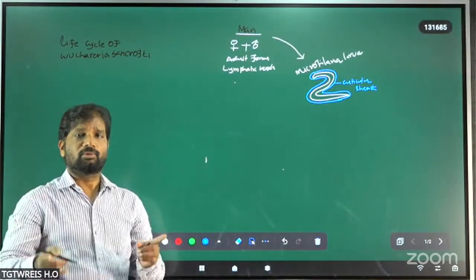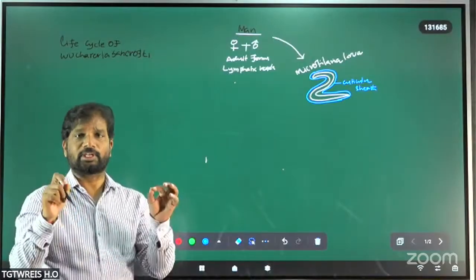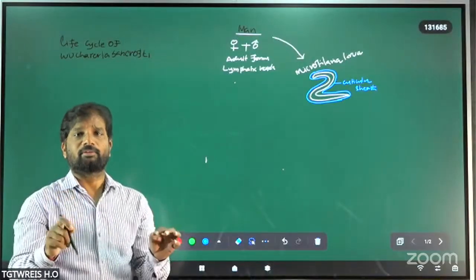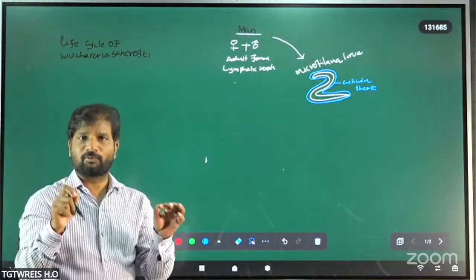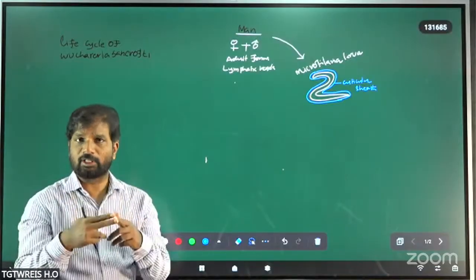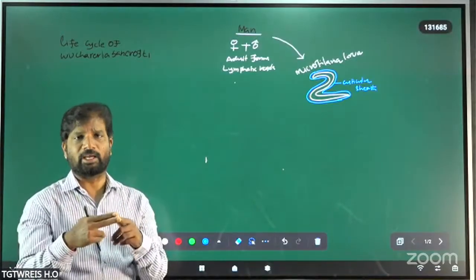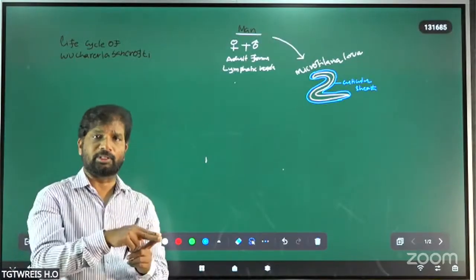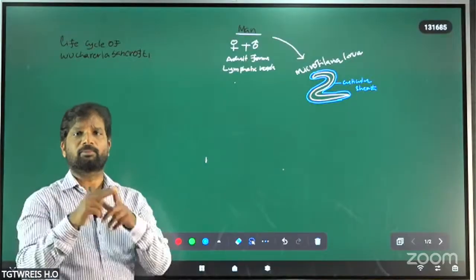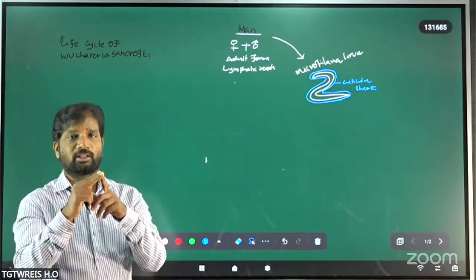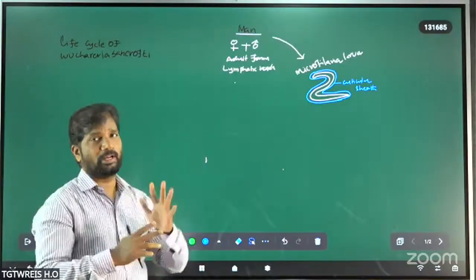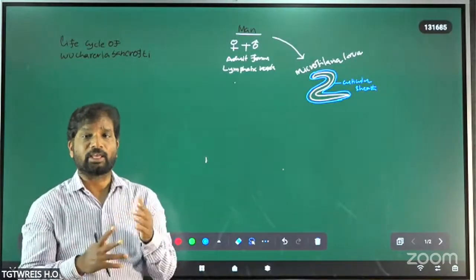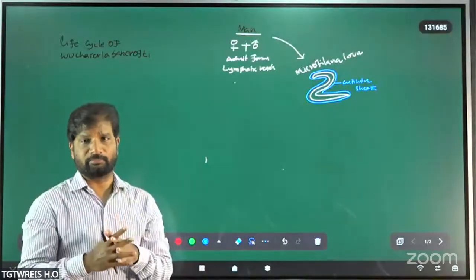Okay, so in the lymphatic vessels of the infected person, Wuchereria bancrofti adult forms are present. When copulation takes place between the female and male Wuchereria bancrofti forms, after that copulation, these adult forms release the microfilaria larva into the blood circulation.